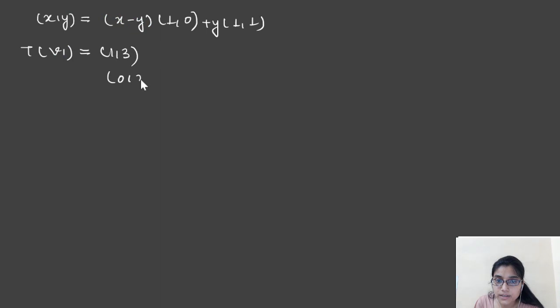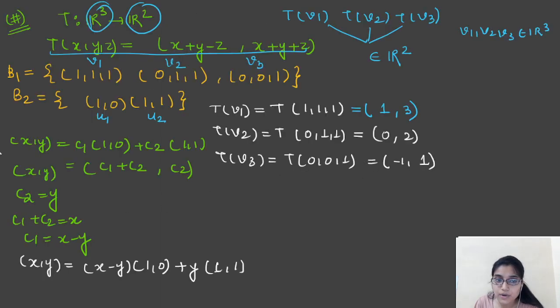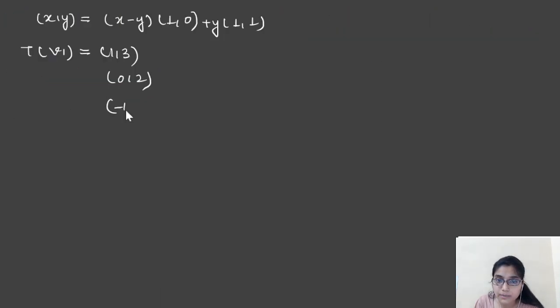Then here you got (0, 2), and next you have (minus 1, 1). Okay, (minus 1, 1). This was your T of V2 and this was your T of V3. Okay, and these are your U1, U2. So now you can write them very easily in terms of U1, U2.